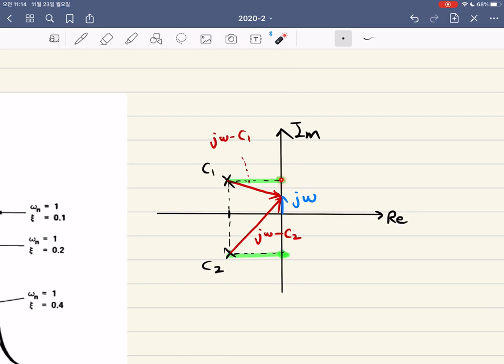if you want to get a parallel value, then this value should be omega n square root of 1 minus zeta squared. At this point, with the specified omega n and zeta, this value will become the smallest, right?